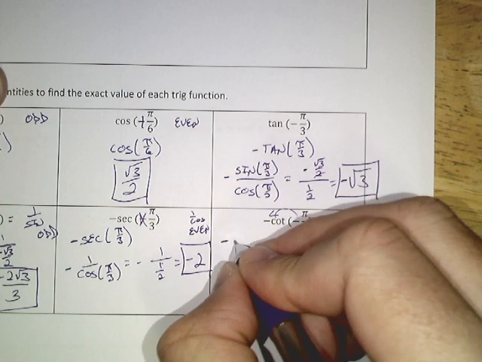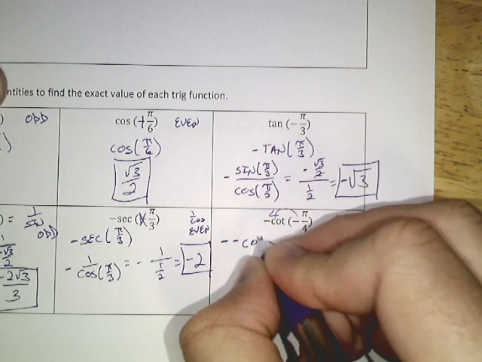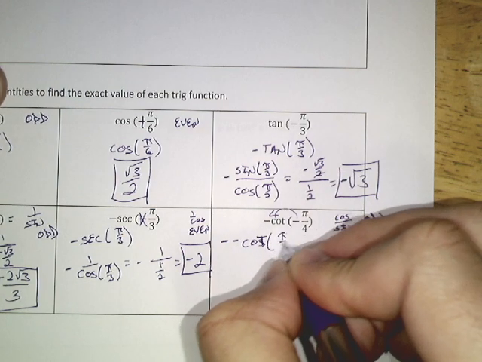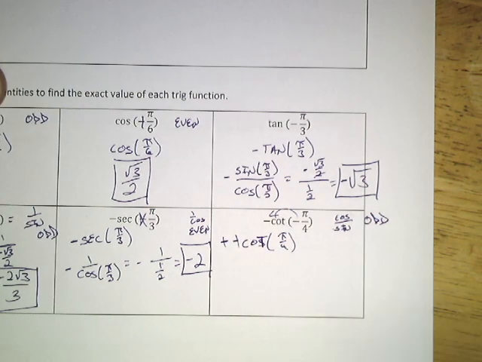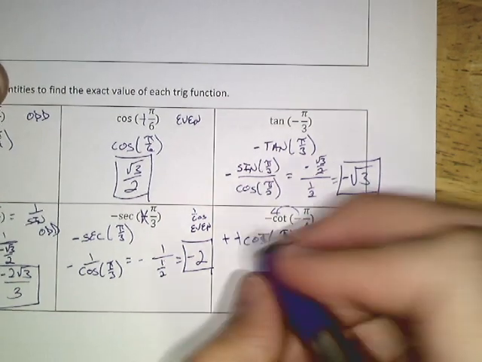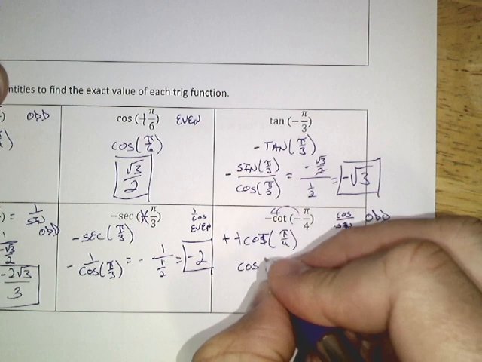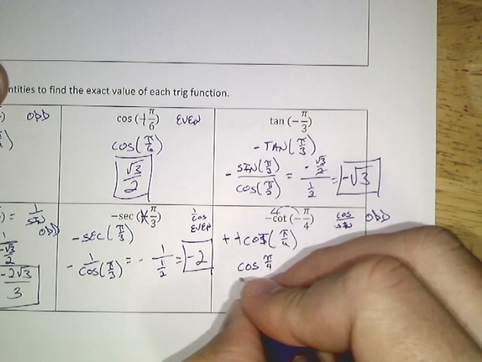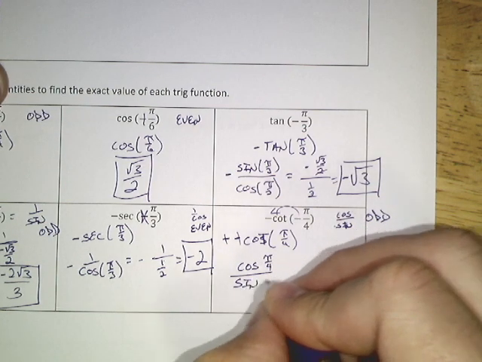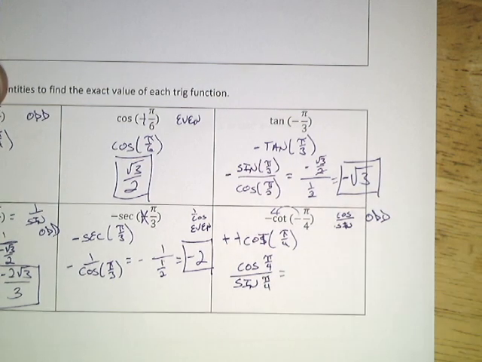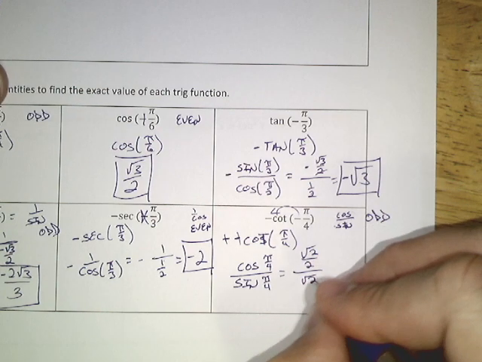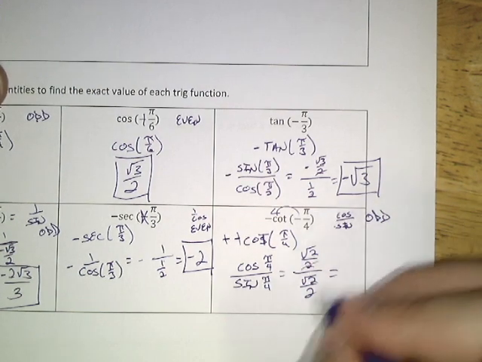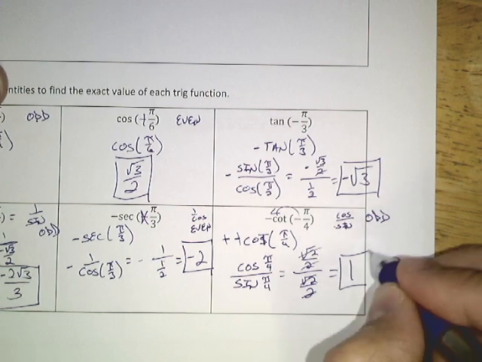We would get a negative cotangent of positive pi over 4, and these two negatives would just cancel out and become positive. So we want cotangent of pi over 4, which is just cosine of pi over 4 divided by sine of pi over 4. And that is square root of 2 over 2 divided by square root of 2 over 2. Those are exactly the same. Everything would cancel out, leaving just 1.